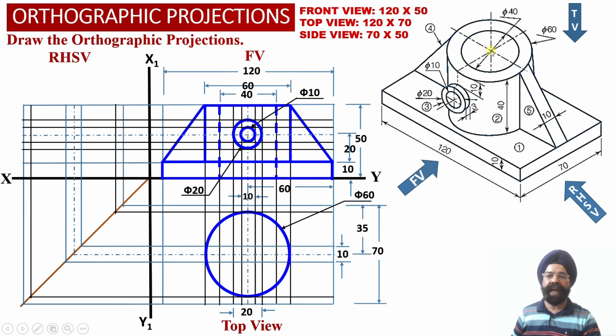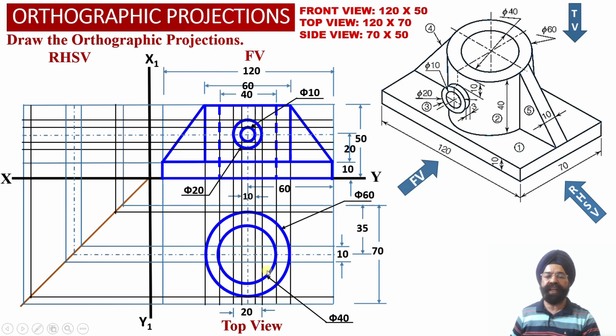Next, corresponding to the internal diameter of this hollow cylinder, which is equal to 40 millimeter, using this center point we take a radius of 20 millimeter and draw the internal diameter of the hollow cylinder, once again obtaining the true shape projection corresponding to the internal diameter.